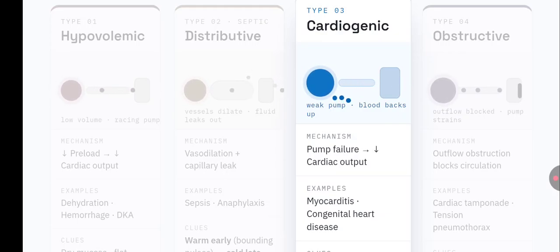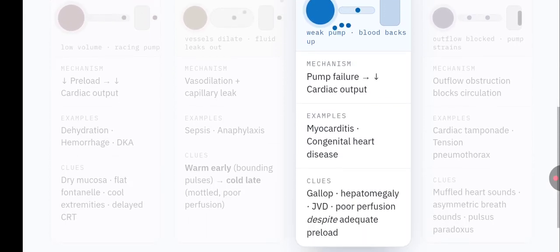We will see later that in cardiogenic shock I need to give the patient a lower rate of fluid and monitor the response after each bolus. Also in cardiogenic shock, my first management step is not fluid but inotrope medication, which increases the contractility of the heart, like milrinone, dobutamine, and sometimes epinephrine.